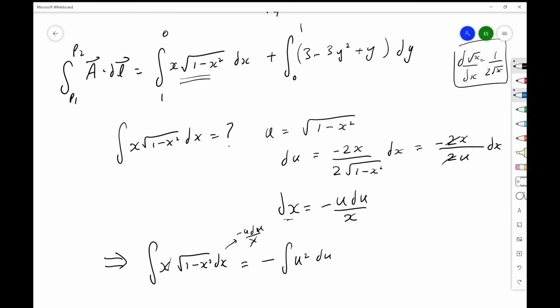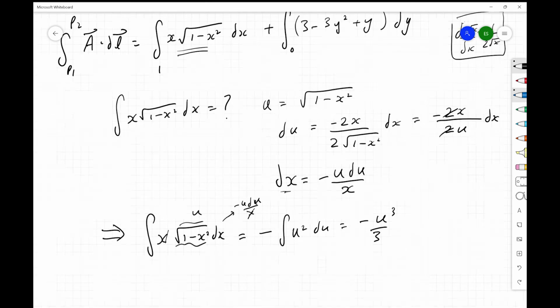Why u squared du? Because this is u, so my u times u gives me u squared du. So this becomes minus u cubed over 3, right?